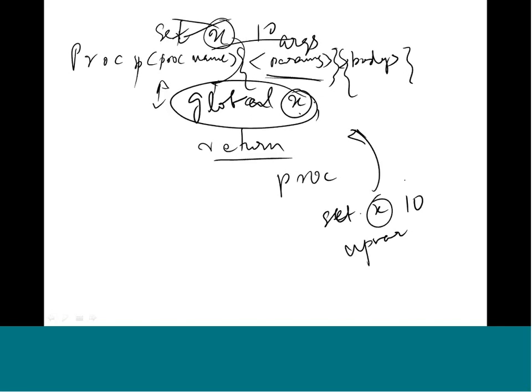You can specify that my upvar x is whichever variable in the previous scope, say here it is y, then the changes, this 10, are brought back to y after executing the procedure.